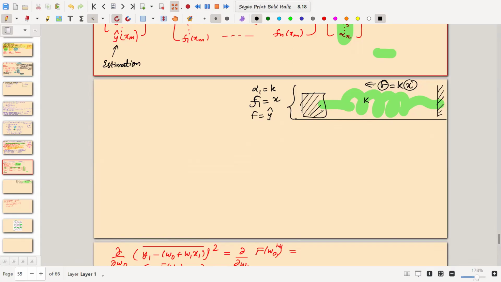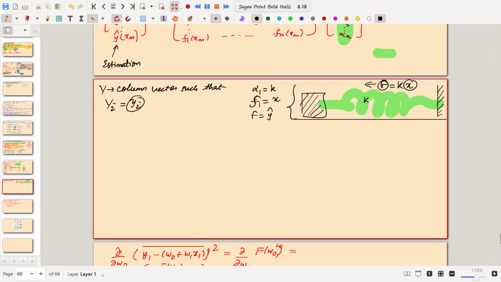So the true data set we can mark as y. This is a column vector such that yi is the data set. Is it okay? Then what is our aim?